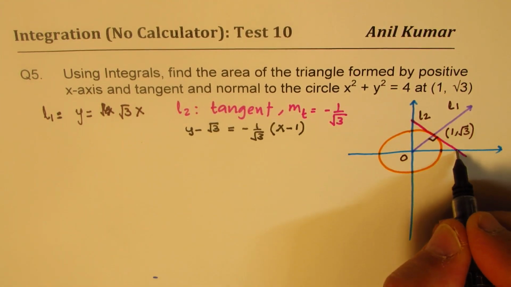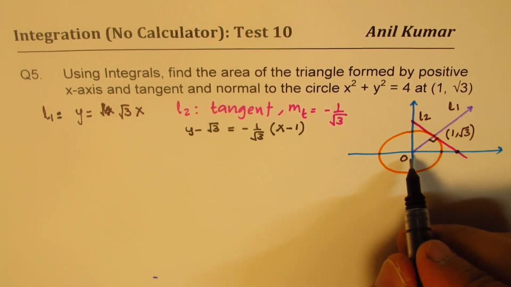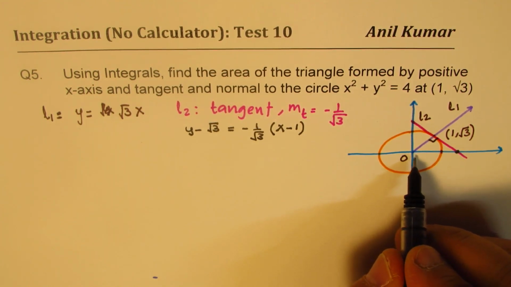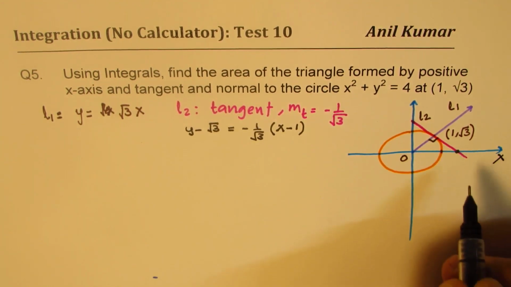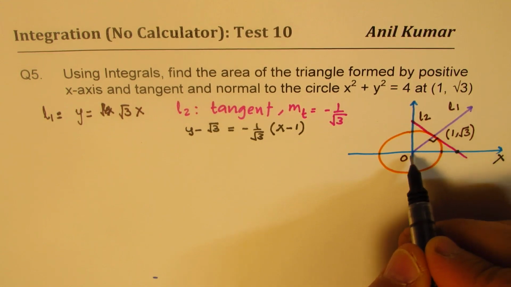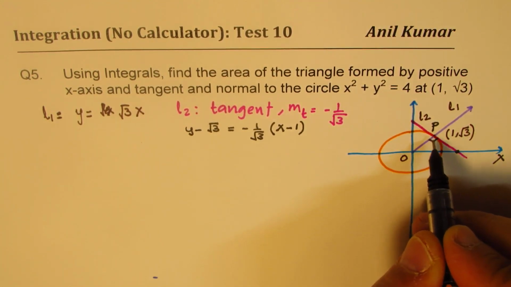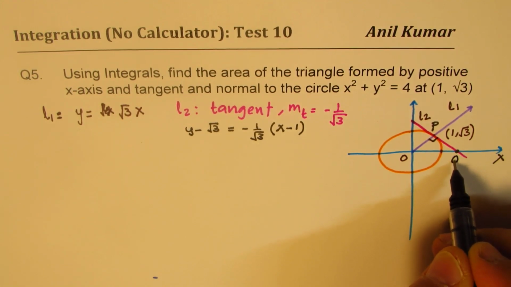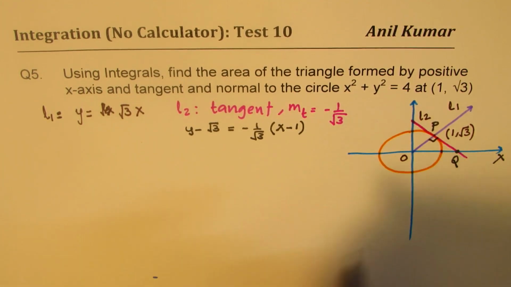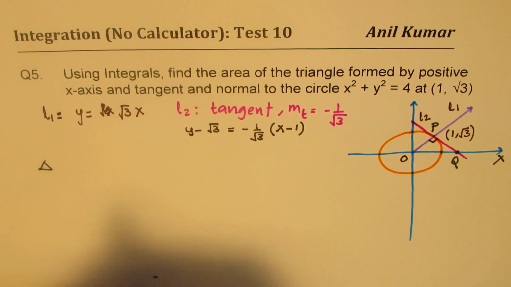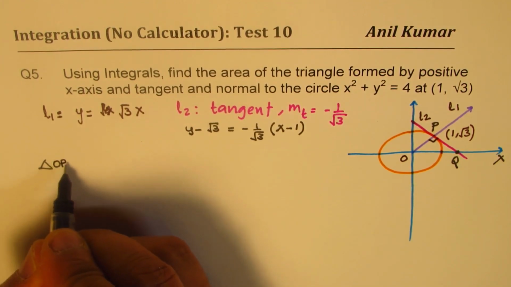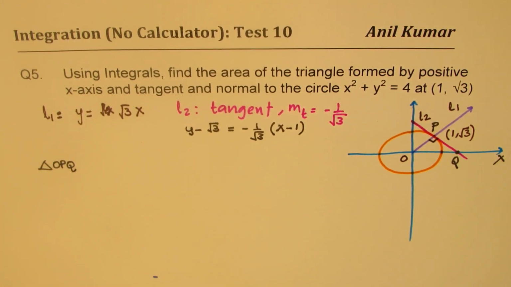We really want to find the x-intercept, since the area is formed by the x-axis, the normal, let's call this point P, and the x-intercept, let's say Q. So we are looking at the area of triangle OPQ, correct? That is what we are interested in.